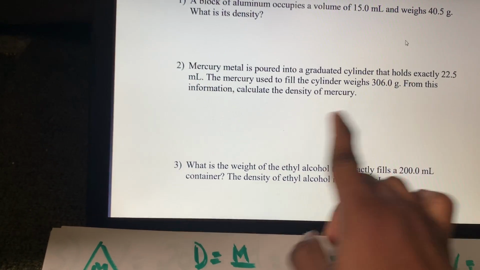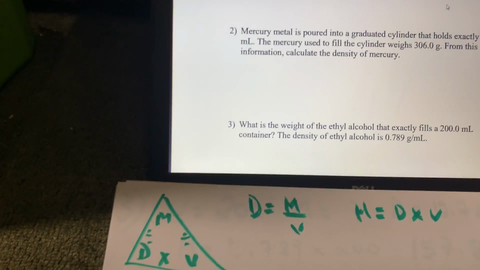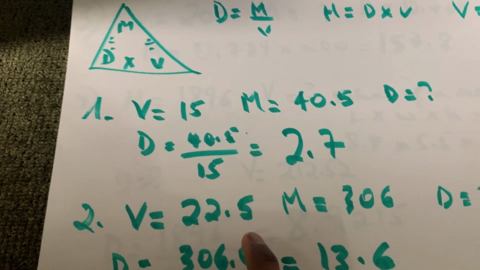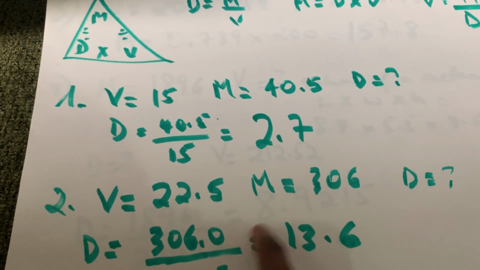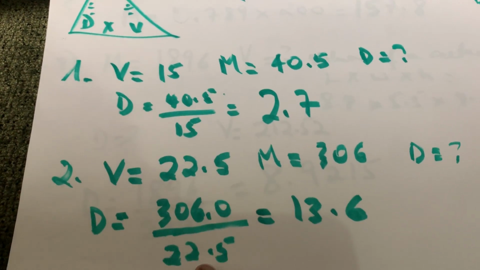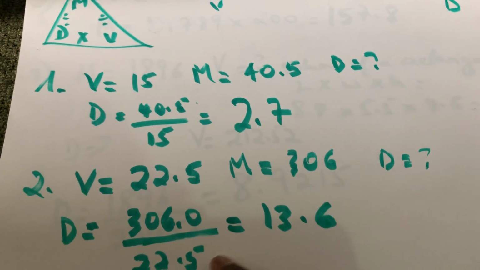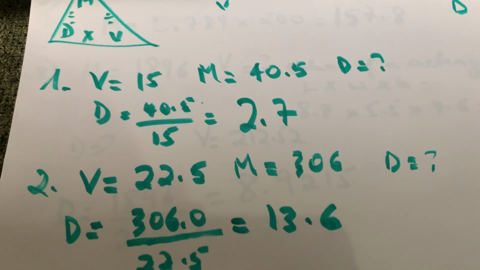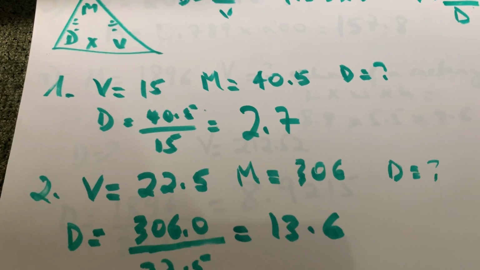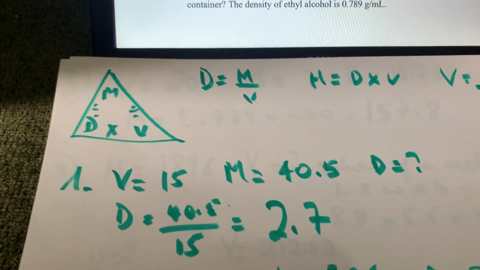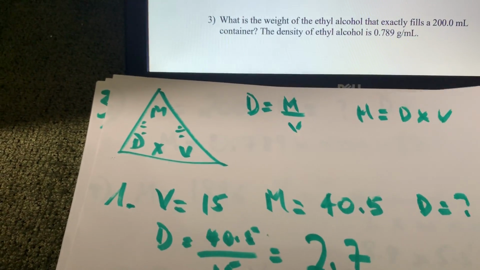That is the mass. Now they're asking us to find density, so we're still going to do the same thing. The density is mass over volume, 306 divided by 22.5. When you put it inside your calculator, you're going to get 13.6. Now let's solve number 3.